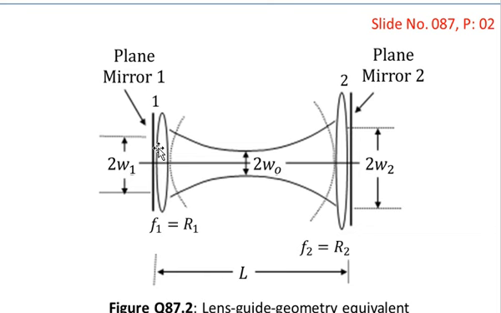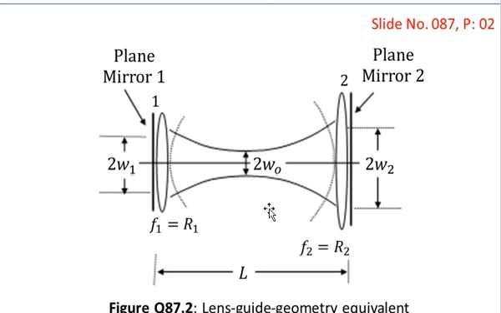Lens number 1 in front of mirror number 1 and lens number 2 in front of mirror number 2. The focal lengths of these two lenses are F1 equal to R1 and F2 equal to R2, where F1 is the focal length of lens 1 and F2 is the focal length of lens 2.